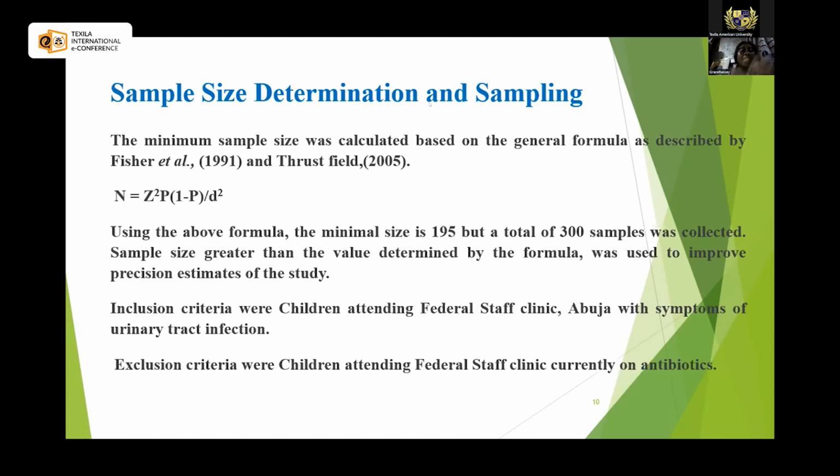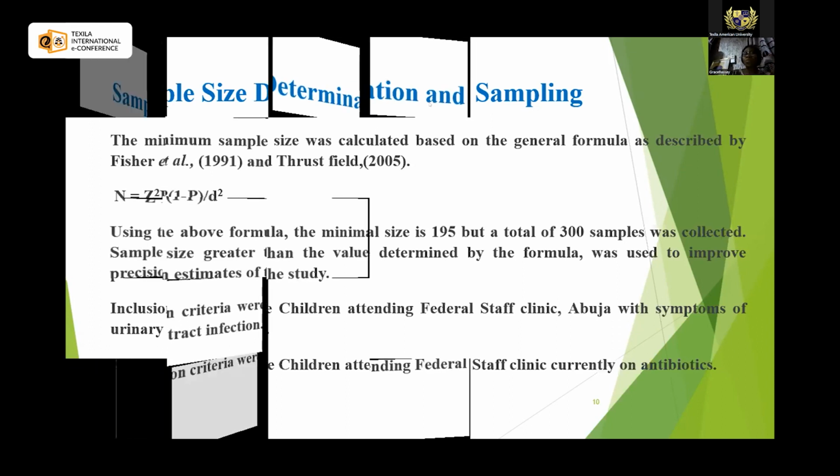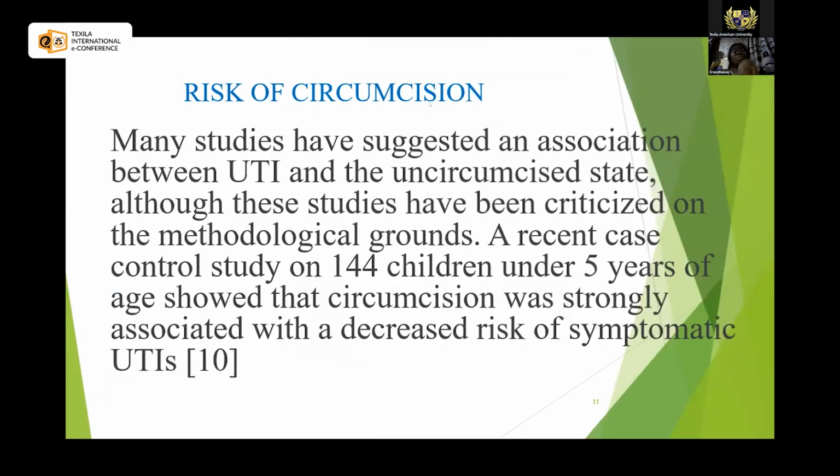A sample size greater than the value determined by the formula was used to improve the precision of estimates. Inclusion criteria were children attending the hospital with symptoms of urinary tract infection, and exclusion criteria were children currently on antibiotics, because this will eventually affect the cultures.